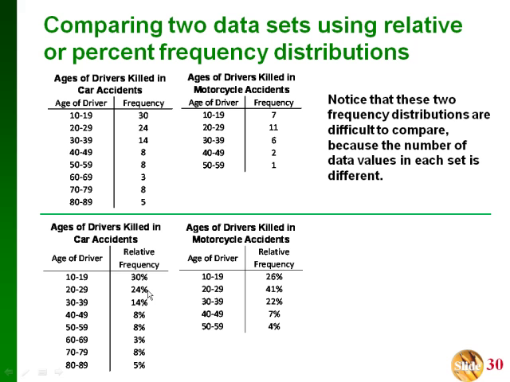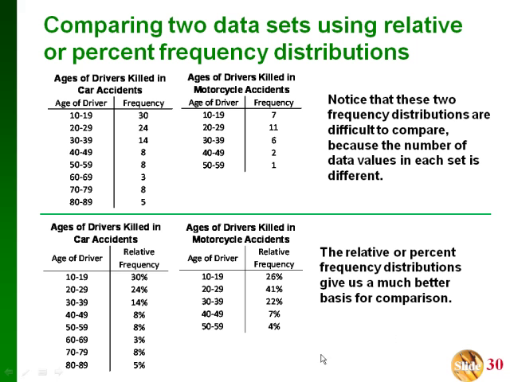By doing this, we can see that in this case, the 20 to 29 age group for the motorcycle accidents had a much higher frequency than for the car accidents. And also notice in this case that for the motorcycles, there are no values for ages above 59. In any case, this gives us a much better way to compare the 2 sets.